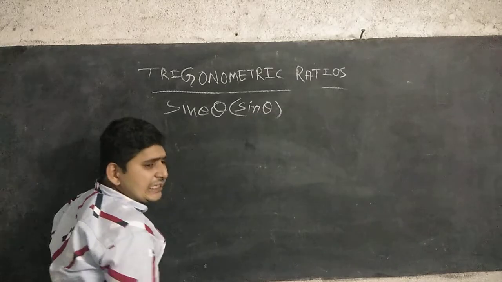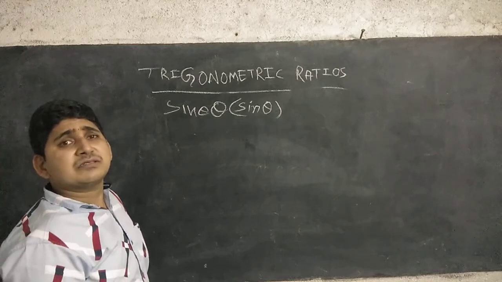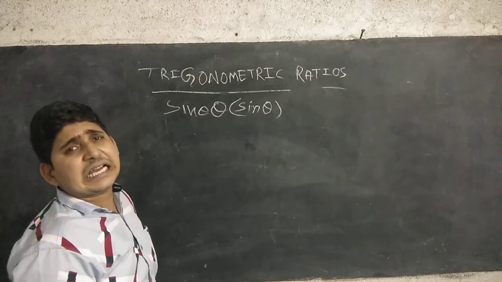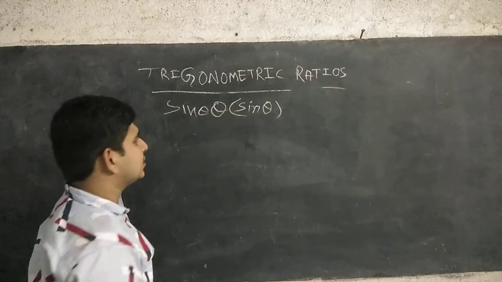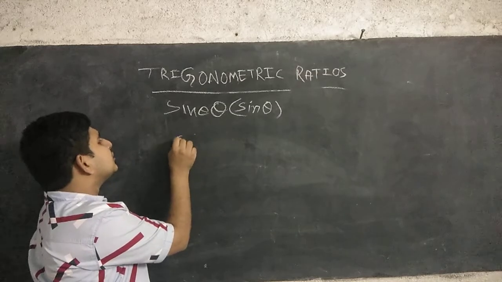Now, sin theta can be defined as the ratio of the opposite side of the angle theta to its hypotenuse.